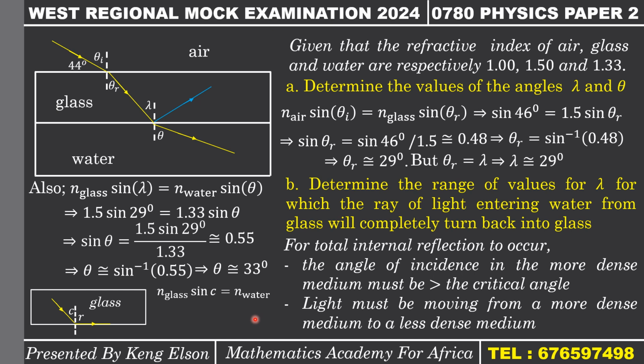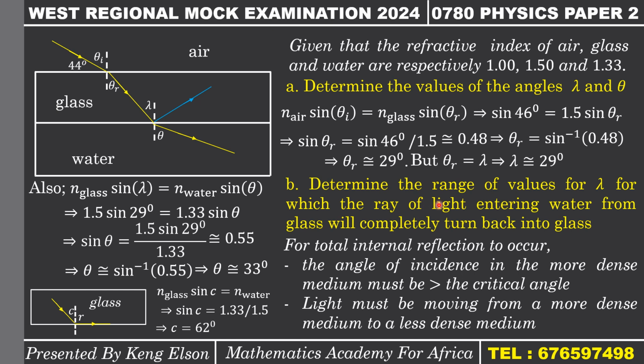Since the sine of 90 degrees is 1, the refractive index of glass times the sine of the critical angle is equal to the refractive index of water. So the sine of the critical angle is equal to 1.33 divided by 1.55. So your critical angle to 1 decimal place will just be sine inverse of this value, which will give you 62 degrees.